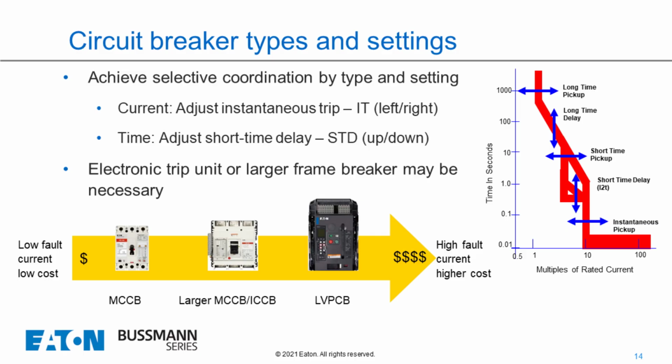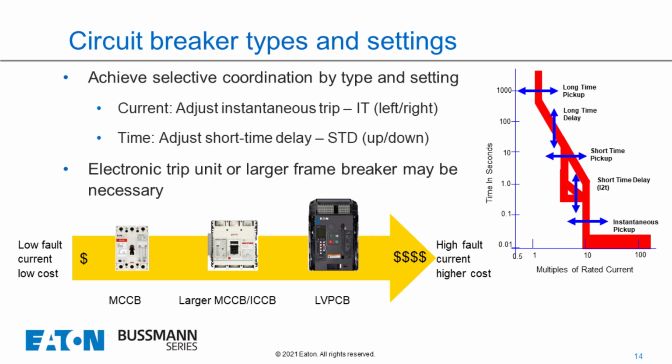The long time pickup and delay, as well as short time pickup and delay, are all overload, and that is basically 0.1 seconds and above. If we want selective coordination, we're looking at all times, all currents, which is basically below 0.01 seconds.